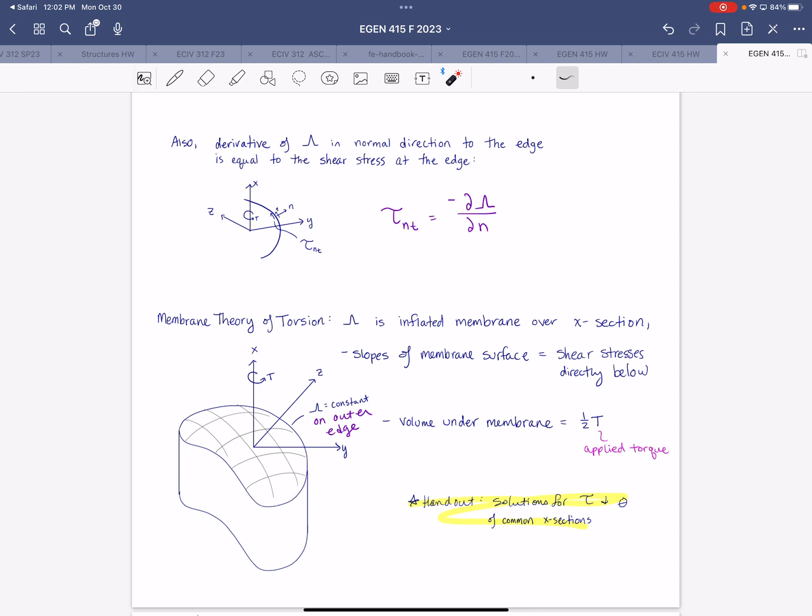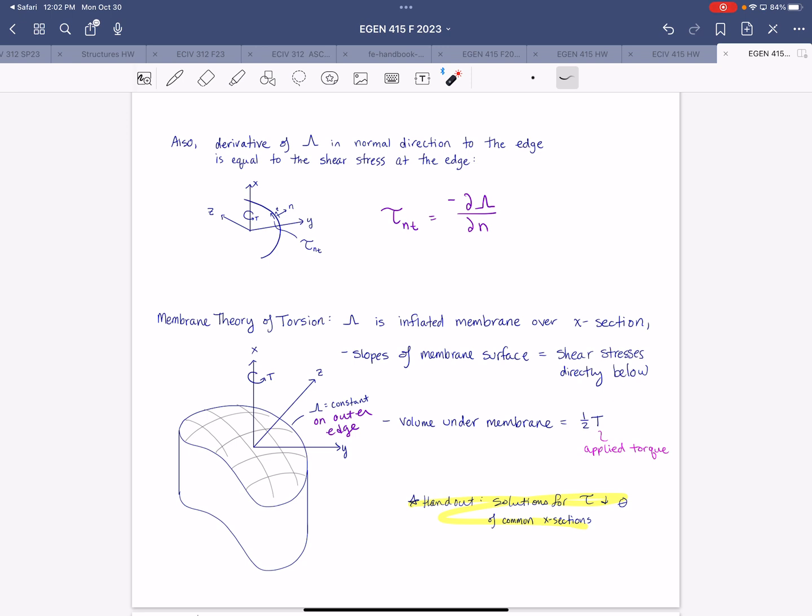And so we decided to set the value of the outer edge of that lambda function to be equal to 0 for convenience, because all we really need is the volume underneath that membrane to relate it to the applied torque, right?